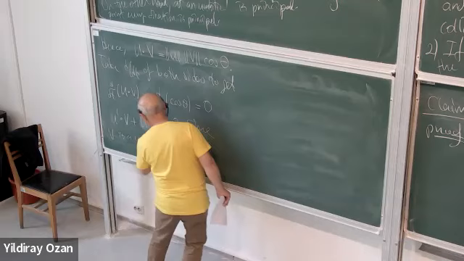Right, this is 0 because V prime is 0. Therefore, this is 0. This means V and U prime are perpendicular to each other. U and U prime are also perpendicular to each other.